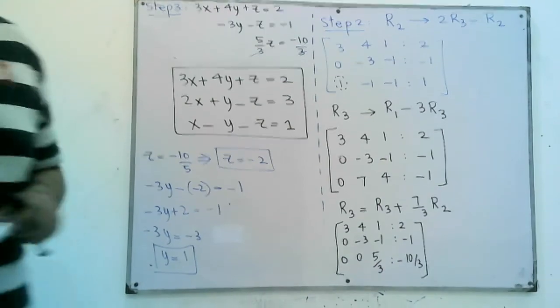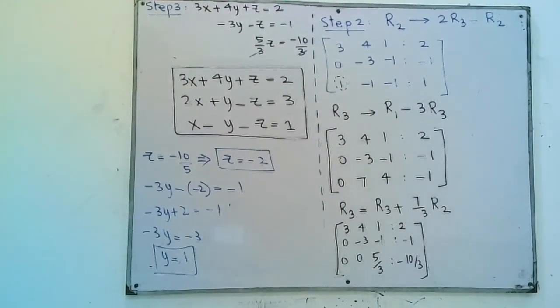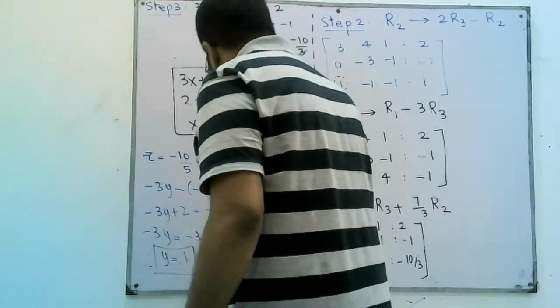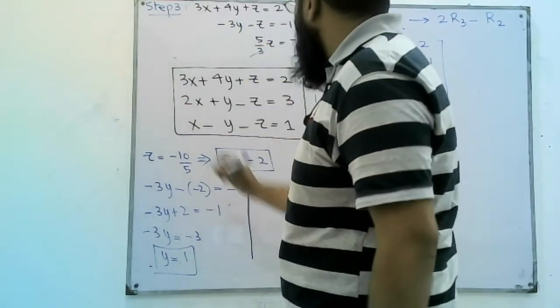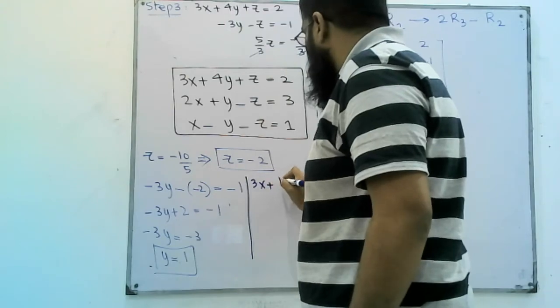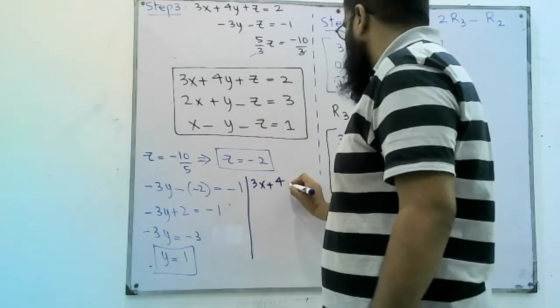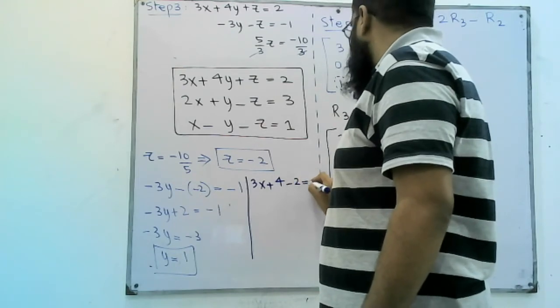And finally, we can find the value of x by putting everything in this equation. 3x plus 4 times y, y is a 1, plus z is minus 2, is equal to a 2.